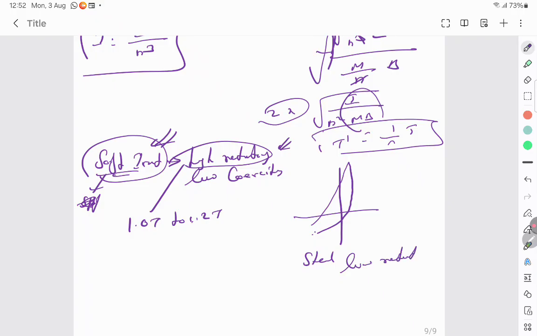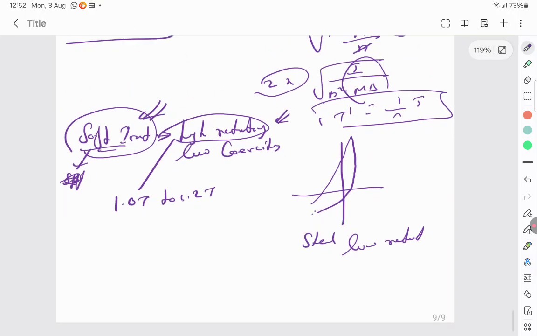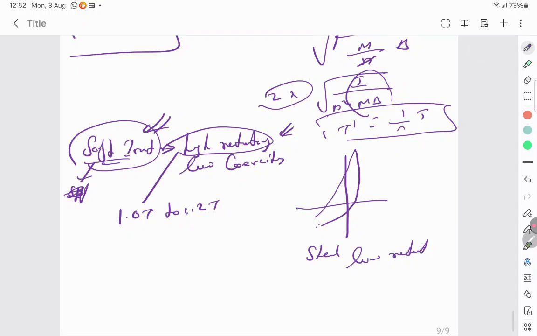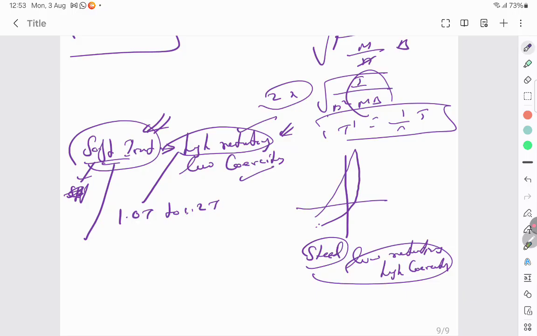We thought steel is a hard ferromagnetic substance, so it should have high retentivity, but that's not applied here. It's all very varied. So you see that steel has low retentivity and high coercivity. This is something peculiar in nature, and you need to memorize it. Which means whatever we said in the hysteresis loop is just a general statement. It may not be true for everything. Here is soft iron, which has high retentivity and low coercivity. Here is steel, which is a hard ferromagnetic substance, which has low retentivity and high coercivity. That's something you need to memorize.